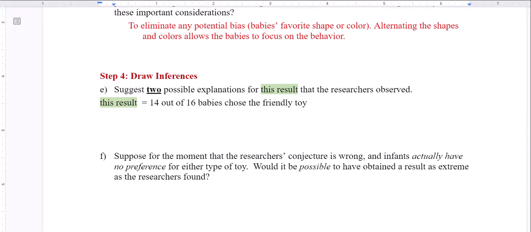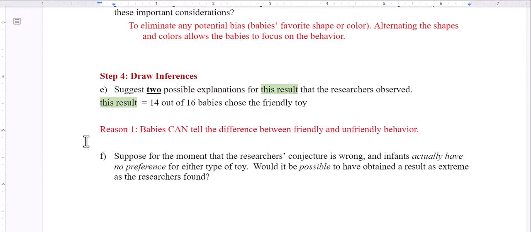So one reason could be the researchers are correct and the babies can tell the difference between friendly and unfriendly behavior. So they choose the friendly toy because they perceive it as being friendly, so they can recognize friendly versus unfriendly behavior. So we're going to state that as reason 1. And then what about another reason?